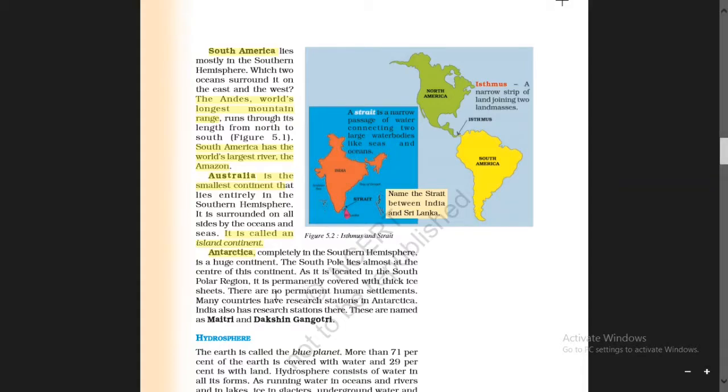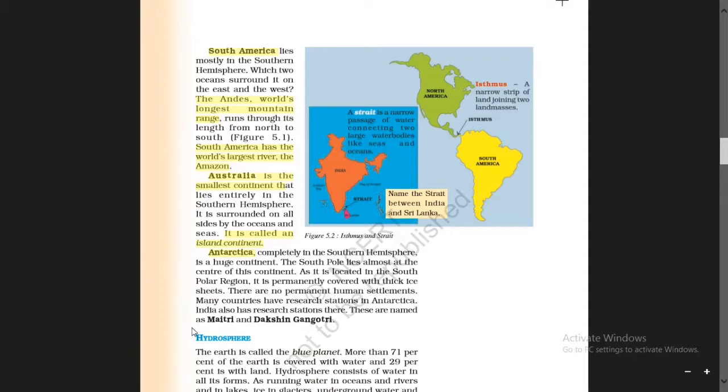There are no permanent human settlements. Human beings cannot settle there permanently, cannot live there. Many countries have research stations in Antarctica, set up by many countries. India also has research stations there in Antarctica.